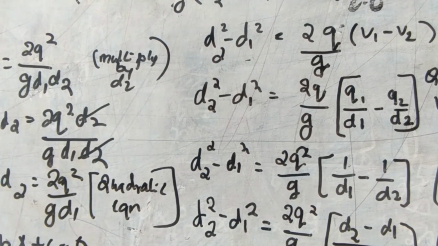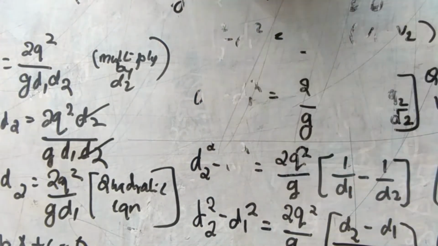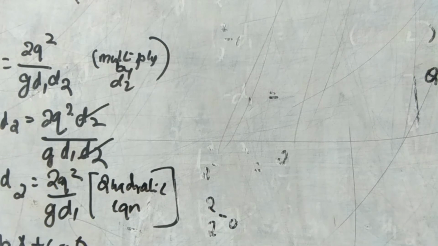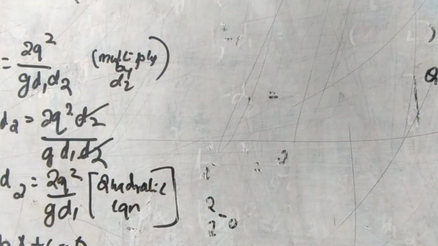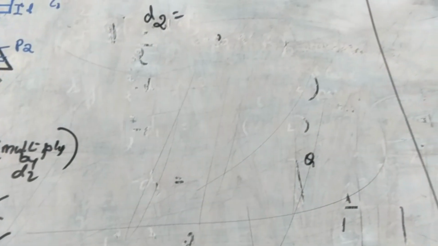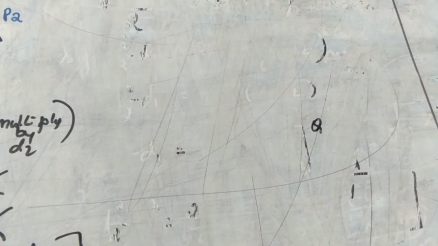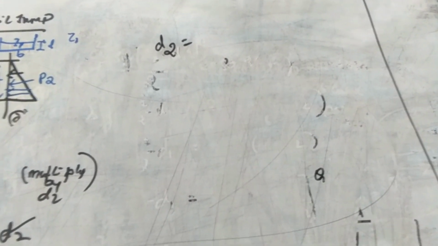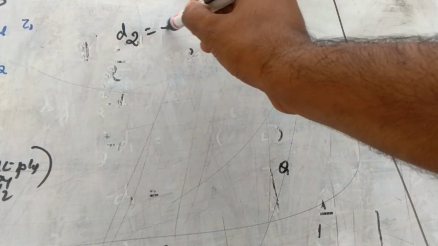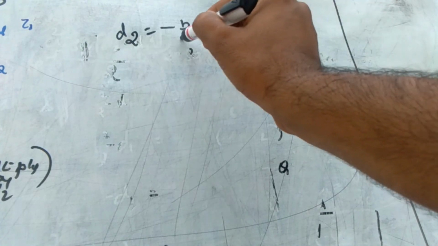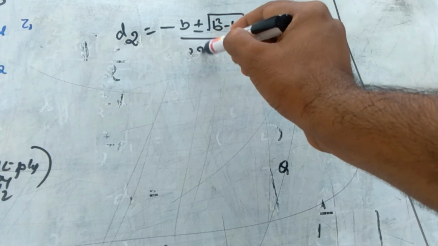And find d2. The most important thing is to find d2. We have the quadratic formula: d2 is equal to minus b plus or minus root of b square minus 4ac divided by 2a.